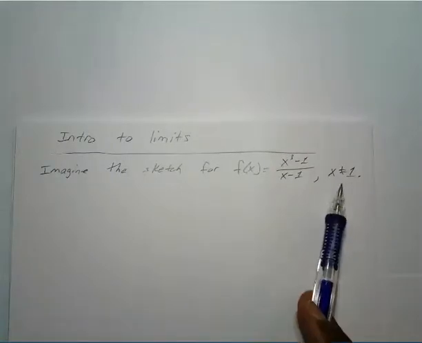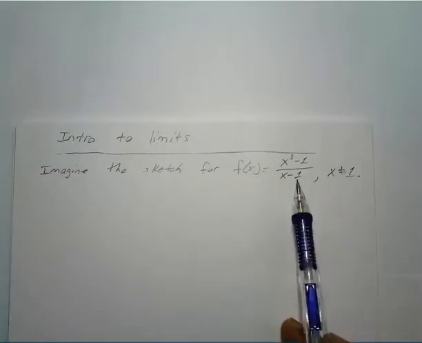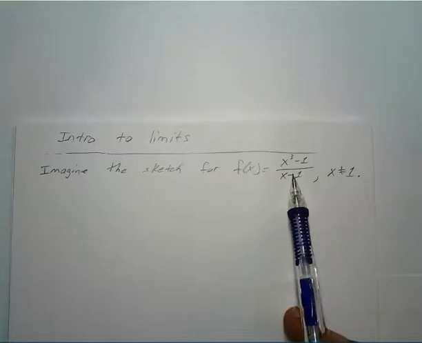We know x can't equal 1 because 1 minus 1 is 0, and you can never ever have a denominator of 0.